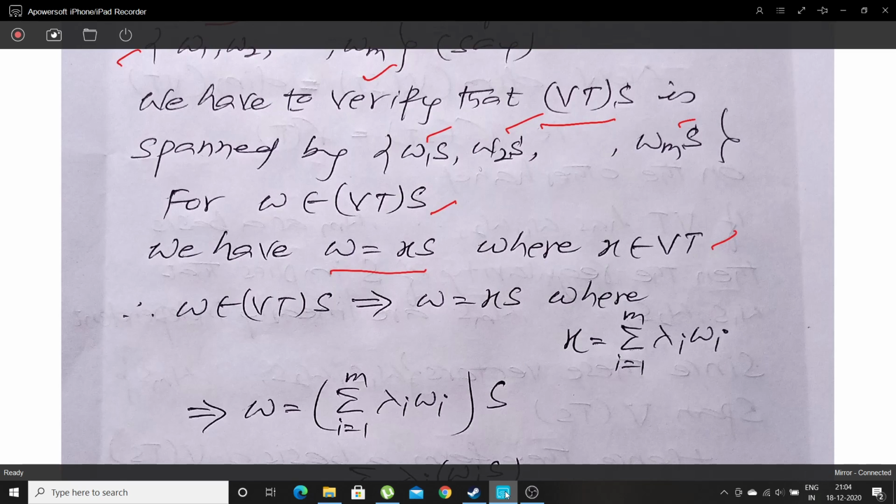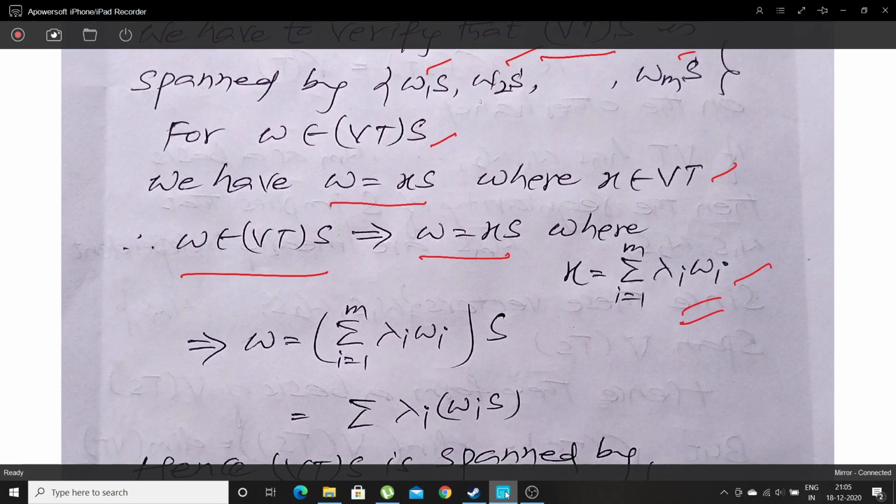X is a sum of a linear combination of vectors of W, that is summation of lambda i Wi. If you open this one, you'll get a linear combination of vectors of W's.